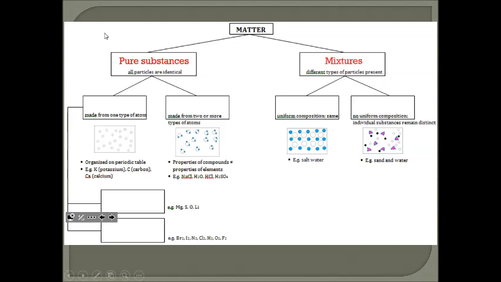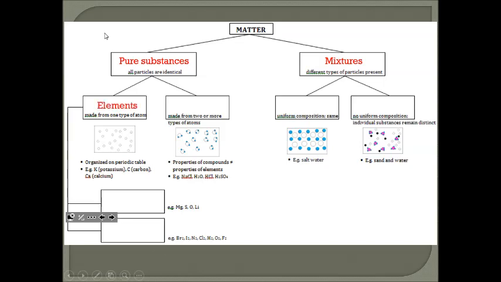If all the particles present are not identical, where you have different types of particles, they are going to be mixtures. And from our Pogil activity, the one that we did with the shapes and the circles, the squares, and the triangles from the other day, we're going to be looking at some of that coding and that system and comparing it to the actual system that we use in chemistry.